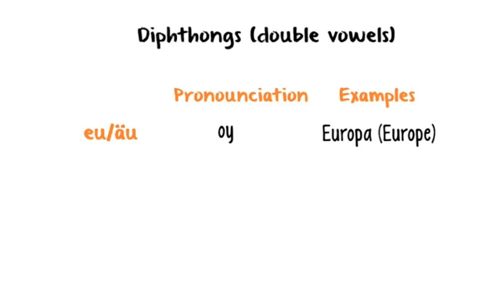The next letter combination is IE, which is simply pronounced like E. For this letter combination, we have the example of the word sie, which means you. Oi, Europa, sie.